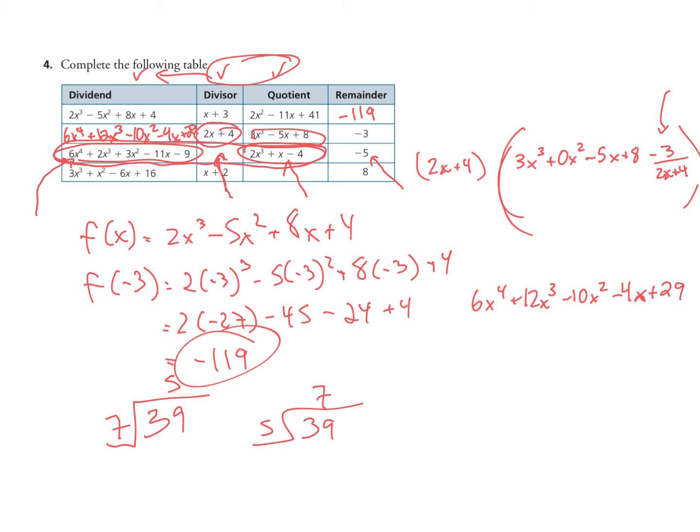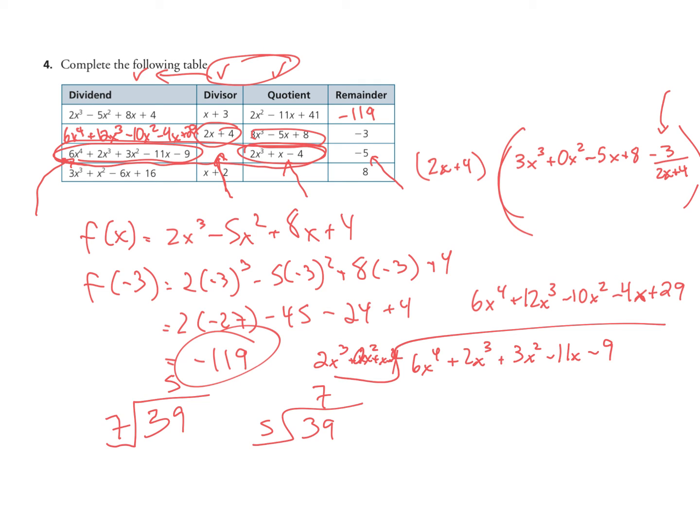So I'm just going to go ahead and do 6x to the 4 plus 2x cubed plus 3x squared minus 11x minus 9, and I'm going to divide by 2x cubed plus 0x squared plus x minus 4.